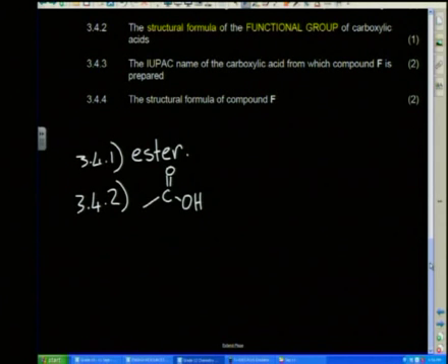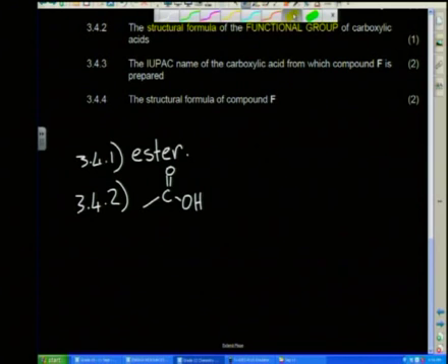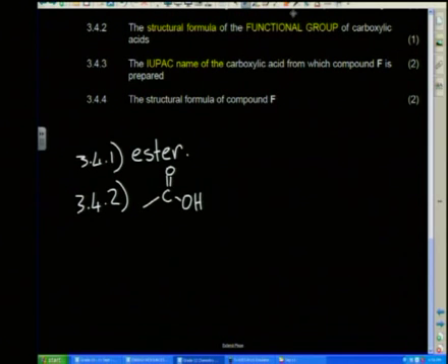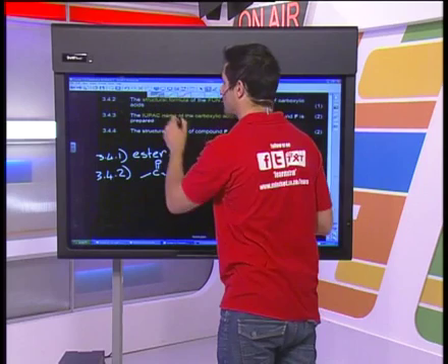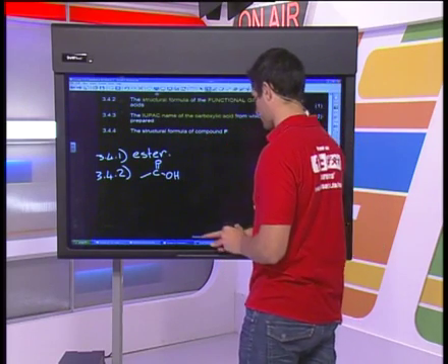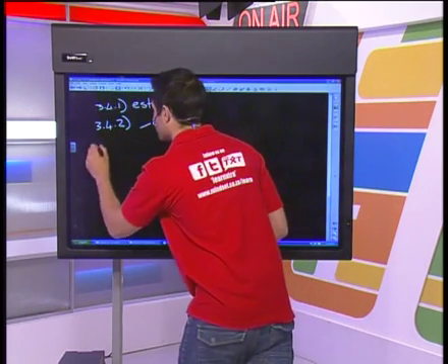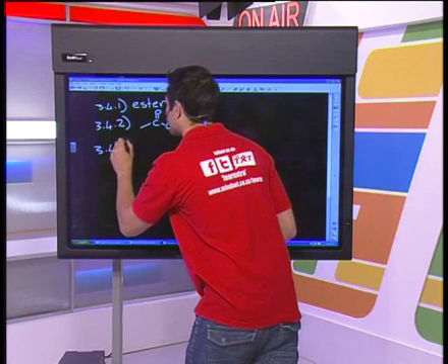The IUPAC name. Now we've got to do a little bit of detective work of the carboxylic acid from which compound F is prepared. Now I'm going to give you a few clues, and we're going to work through this slowly. Let's first write out the name of that compound. So ethyl butanoate.